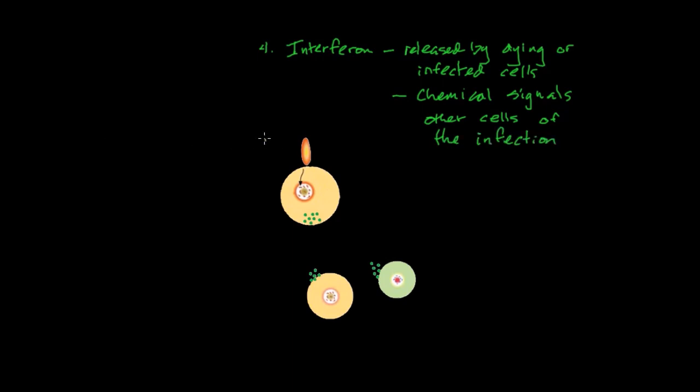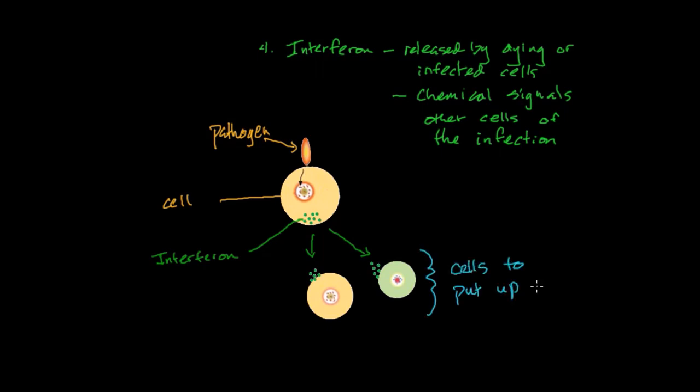So in this diagram, we have a pathogen that is infecting a cell, and this cell in turn makes interferon. And that interferon, right, travels to other cells, causing these cells to put up a defense against the pathogen.